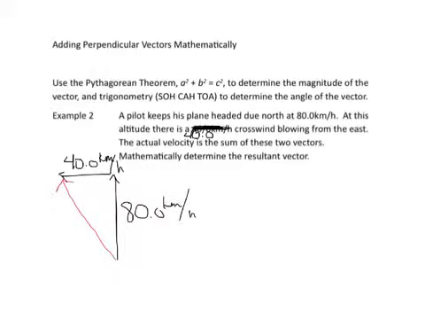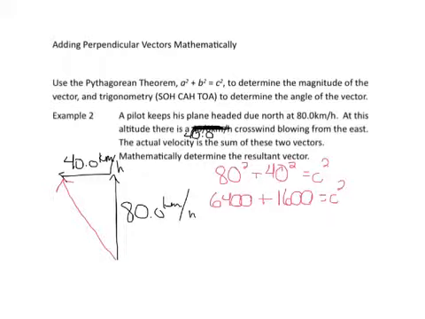In order to find the magnitude of that vector, the size of it, we can use a squared plus b squared equals c squared. A being 80, b being 40, so now it's just a matter of doing the math. 80 squared, 6,400, 40 squared is 1,600, add those two together to get 8,000.